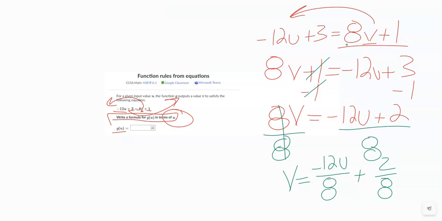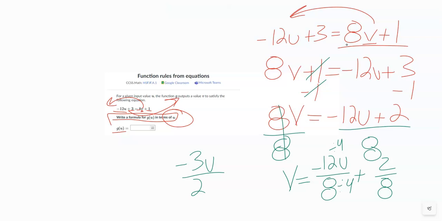Negative 12 over 8, that can simplify by dividing both by 4. Wait, sorry, that was negative 3. So I apologize. Negative 12 divided by 4 is negative 3, and 8 divided by 4 is 2.